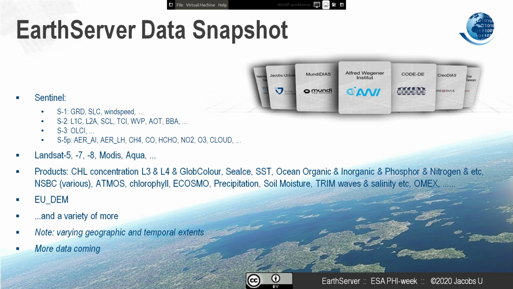We have DEMs and a variety of more data that the different data centers contribute. Obviously there is a varying geographic and temporal extent, and it's also continuously growing, so more data are coming in as more data centers join in. And we have a list of them that are waiting currently for getting integrated.